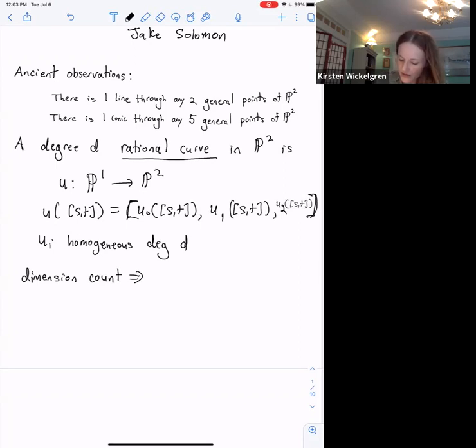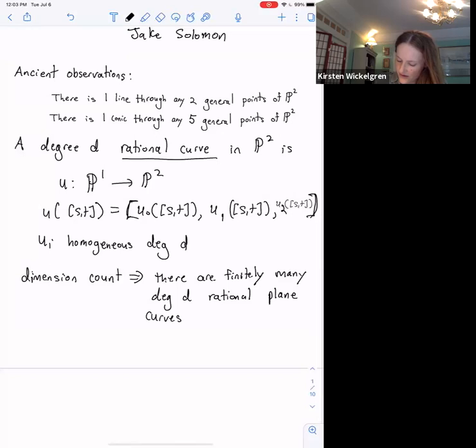And so we would expect that there are finitely many degree D rational plane curves in P2 through 3D minus 1 general points.